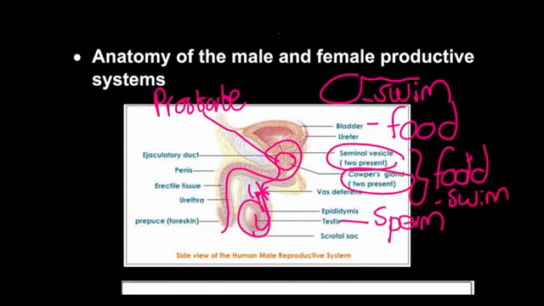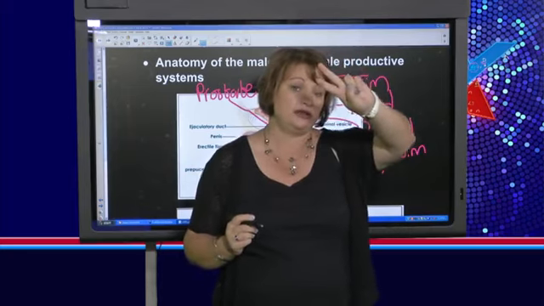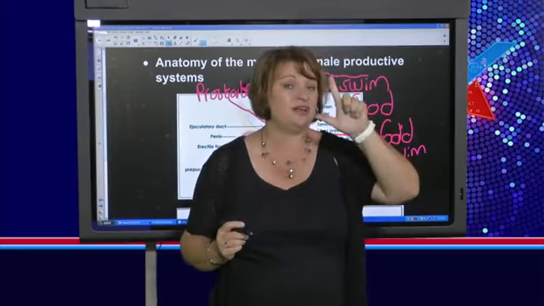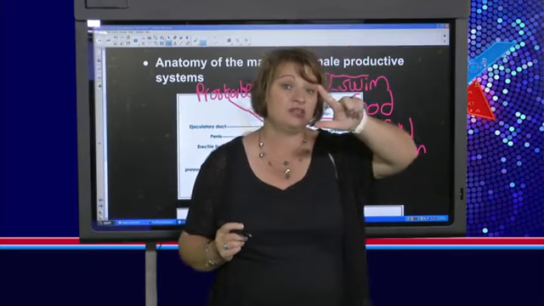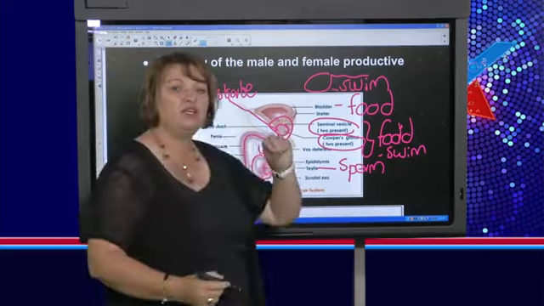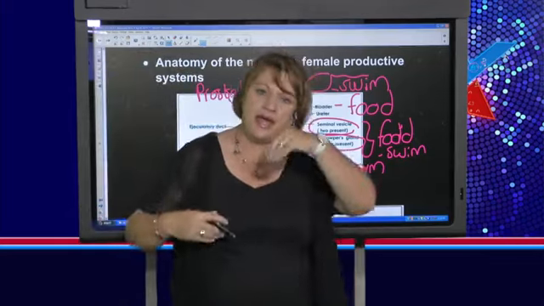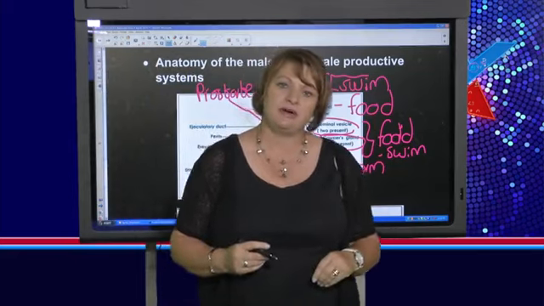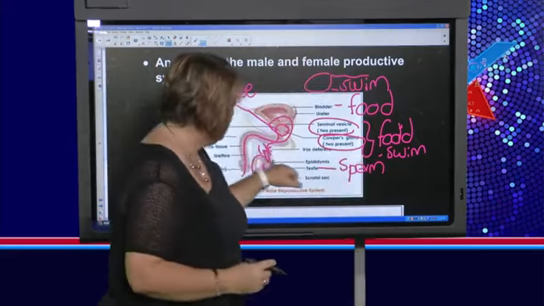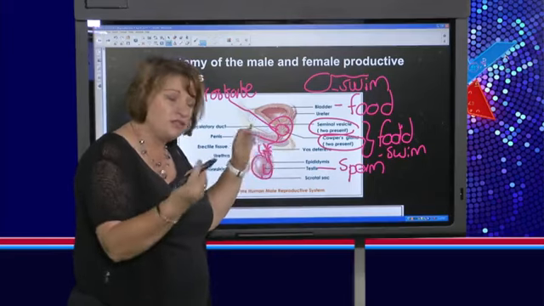Now, if we have a look at the male structure, the male penis is used for two things. It's used for reproduction, but also for excretion, because this is called a common urogenital tract. What does that mean? Urine and sperm, semen, are going to come out. And that is very acidic, from the urine. So we can't have that acid. So what do we also have?